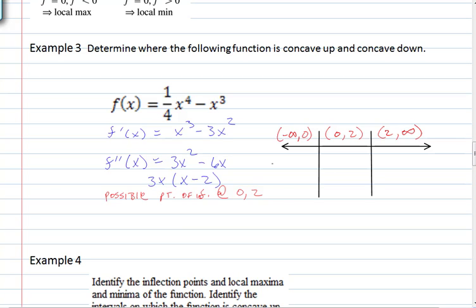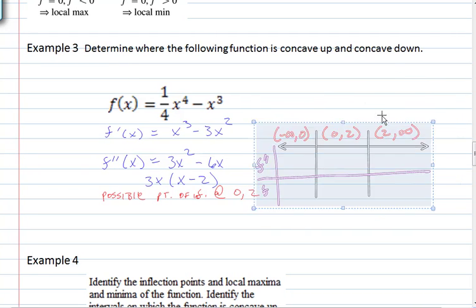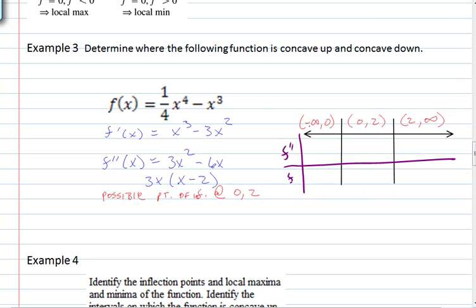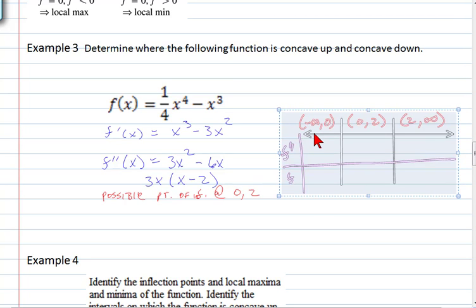I'm interested only in the second derivative now. And then I'll look at the function. Let's slide it over a little. All right. I'm going to test, what number do you want to test here?